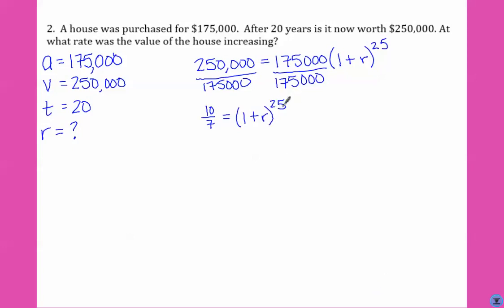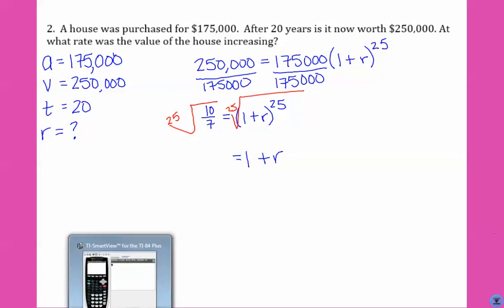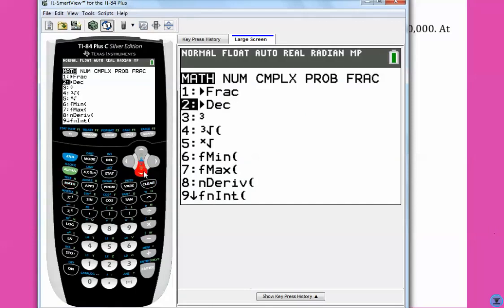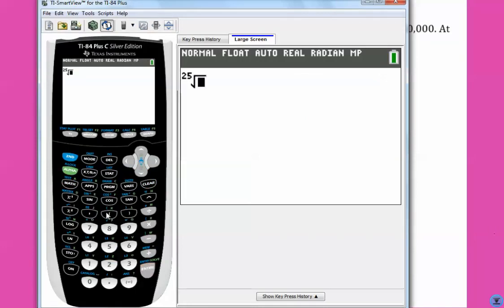Then, in order to get rid of the 25th power, I'm going to have to do the 25th root on both sides. That'll leave me with 1 plus R on the right. Then we need to type the 25th root of 10/7 in our calculator. So we're going to do 25 math, then go down to number 5 where it's got the x root of parentheses. Actually, we can do alpha y equals enter of 10 over 7.